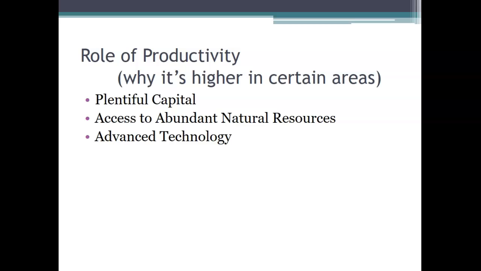Customer with plentiful capital, but advanced technology. Okay, again, more industrialized countries are typically going to have more advanced technology, and technology's technology. Labor quality. Now, we're going to come in line with the more industrialized countries typically having a higher level of average education.